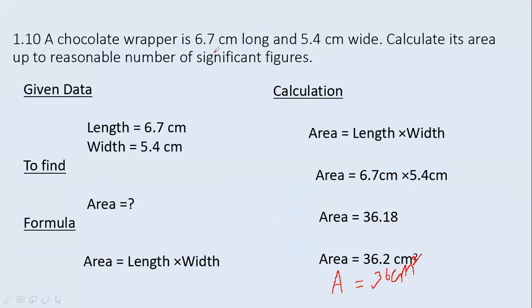The reason for this is that length is significant to two numbers. Breadth is significant to two significant figures. So the answer will be to only two digits, not three digits.